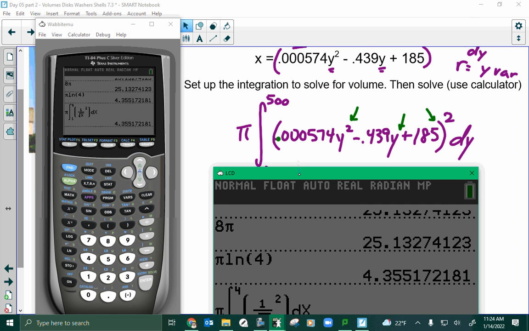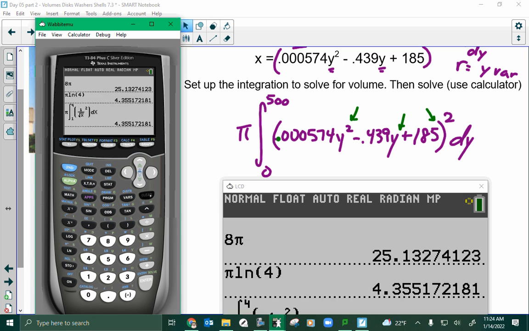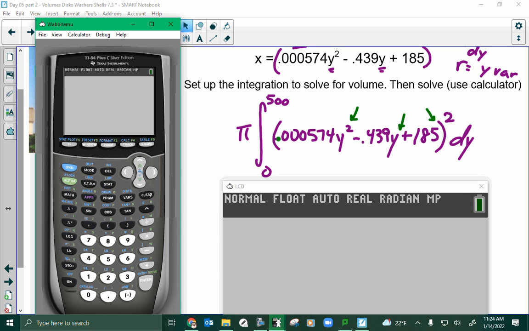Put this down here so I can see what I'm integrating. Okay, let's clear this. We have pi on the outside. Boom. Math 9 from 0 to 500. Now, make sure you don't miss a 0 or a decimal place or anything, because this is an easy question to do, but it would also be real easy to mistype something in the calculator.